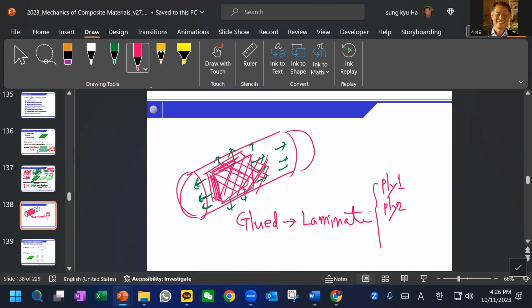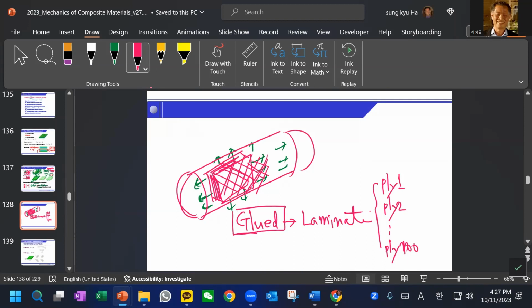Well, you can call them layer 1, layer 2, and so on, up to ply N. Now, how do they deform together? If there are N, let's say 100 plies, then it can be a very complicated deformation. But the point here is they are all glued together.